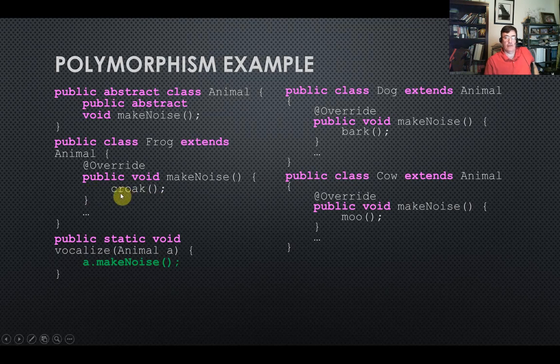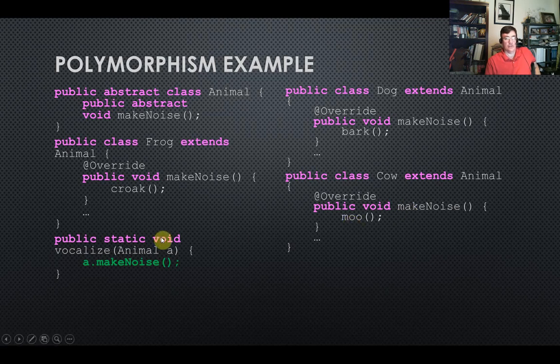Its method body invokes the method croak, so frogs croak. We also have dog. Dog extends animal. It also overrides the makeNoise method, and it invokes the method bark. And I also have class cow. Cow extends animal. So cow is an animal, and it overrides the makeNoise method, and its overridden makeNoise method invokes moo.